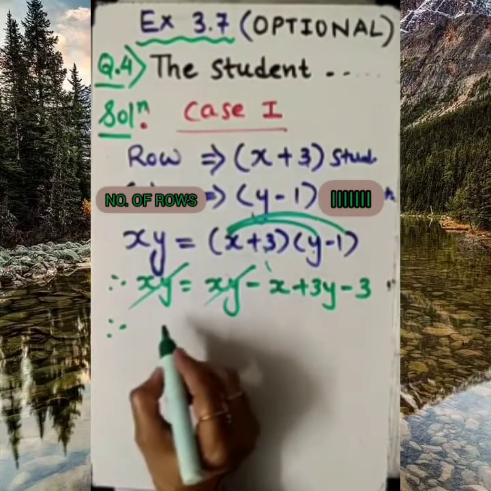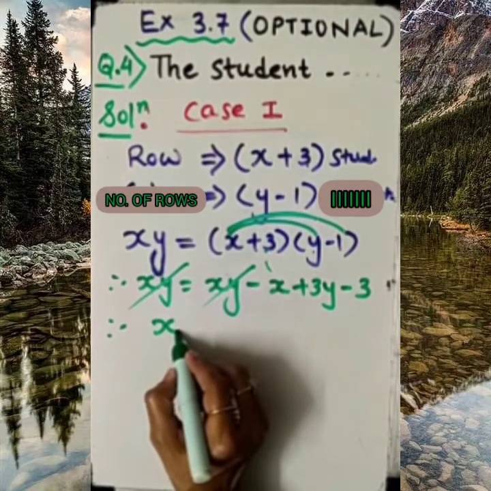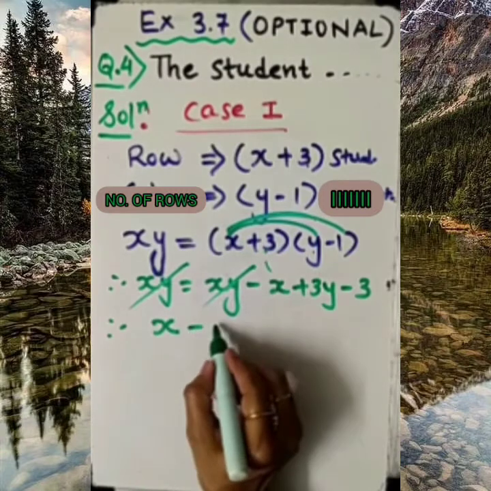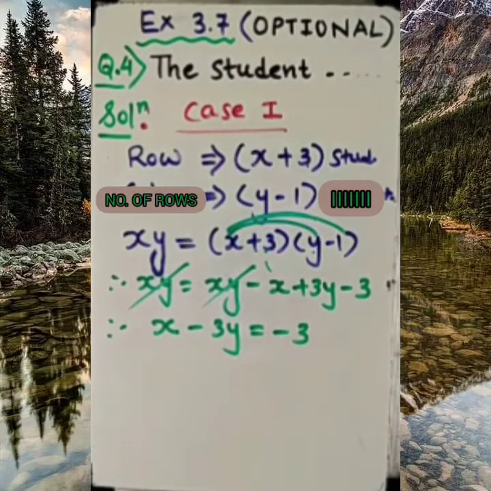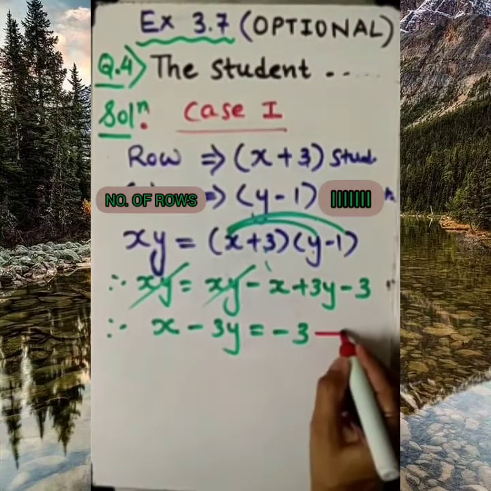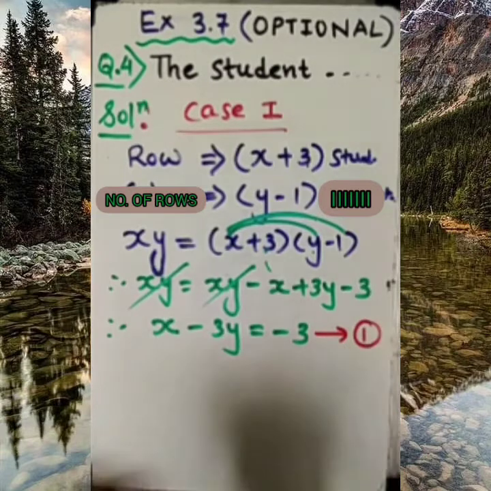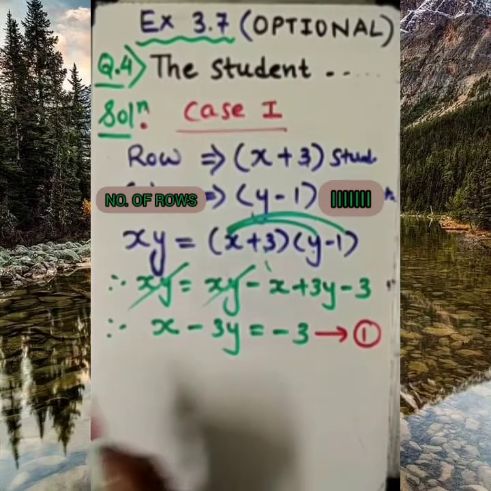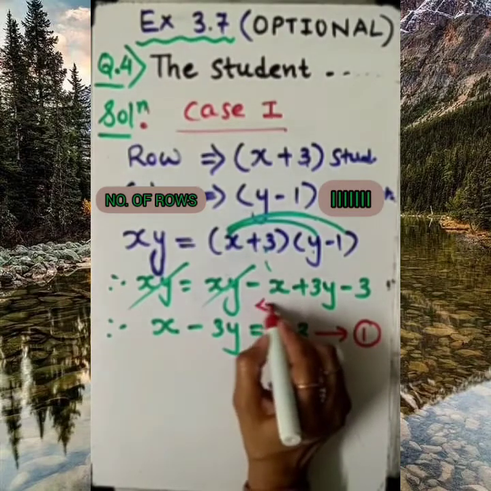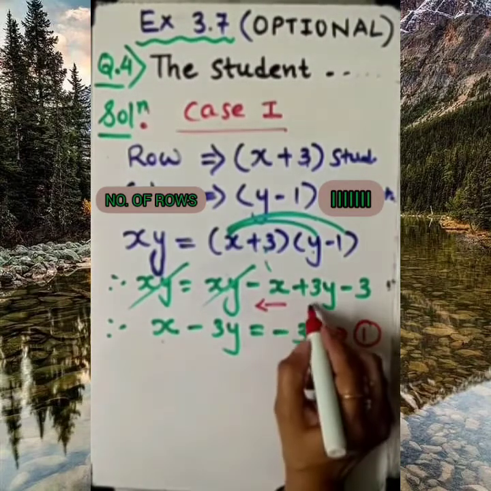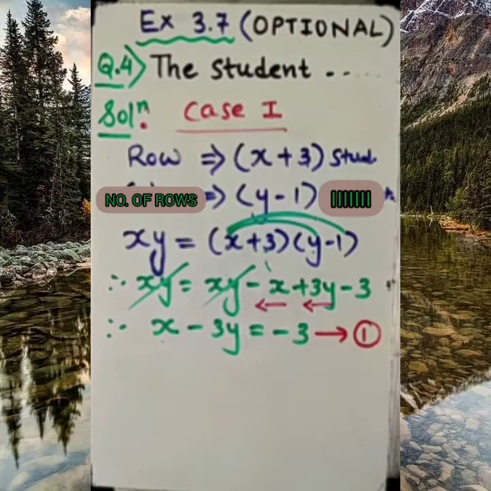Therefore, minus x will come to this side as plus x. This plus 3y I am bringing this side as minus 3y, and this side it is minus 3 already there. This is our case 1. Let me call it equation number 1. For case 1, we will have this equation: minus x I have transposed to this side as plus x, and plus 3y is becoming minus 3y. So this is equation 1.